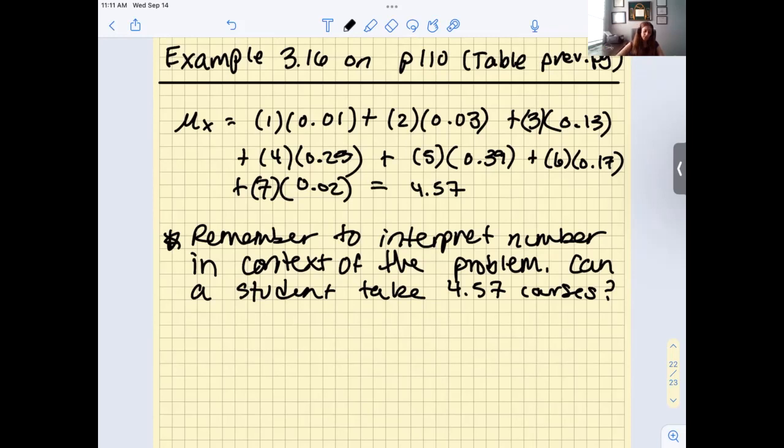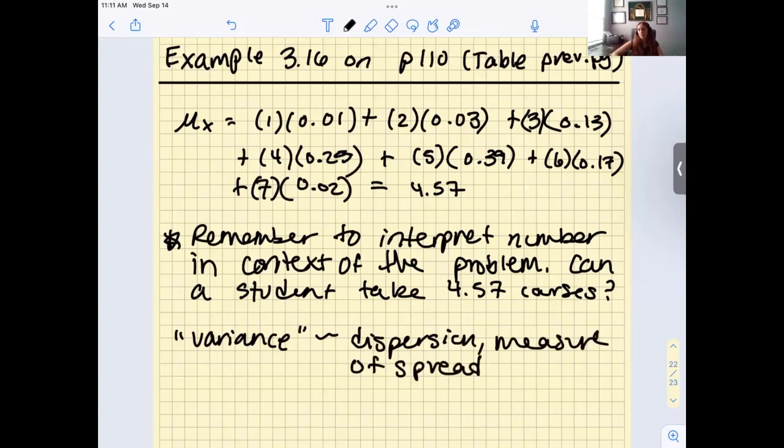Now, when you have different values with different probabilities of occurring, your variance is calculated differently than before. So to find that variance, which remember is the dispersion, or remember it was like a measure of spread.